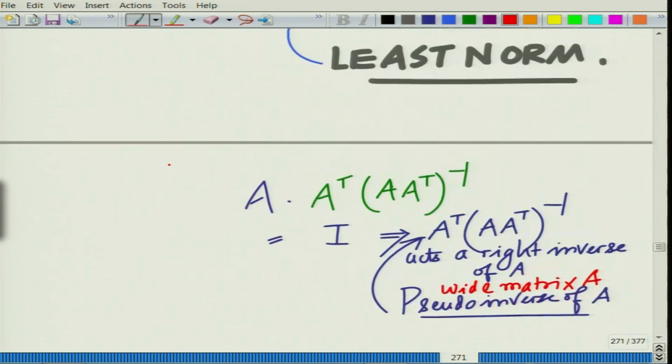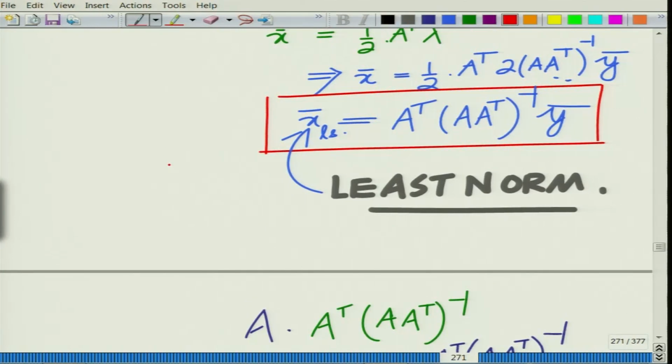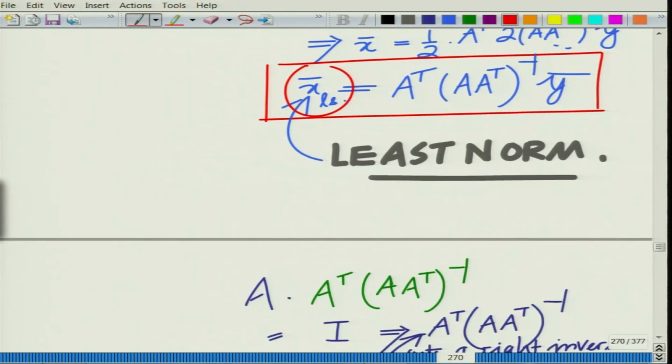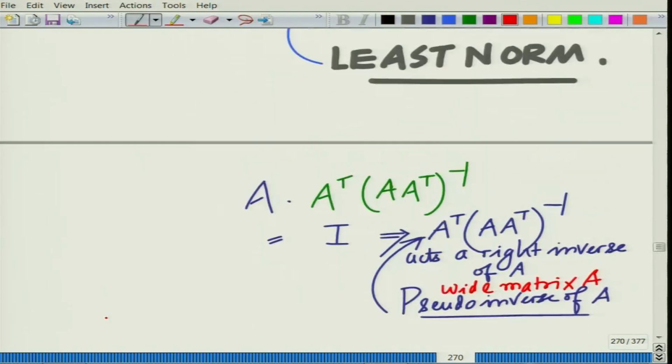So, this is again another very interesting result and has several applications. You have the least norm solution, it is the analog, as I already told you, of the least square solution for an underdetermined system of equations. All right.